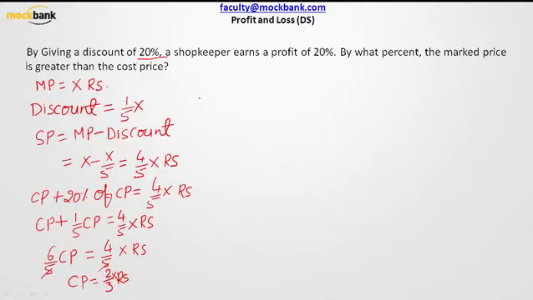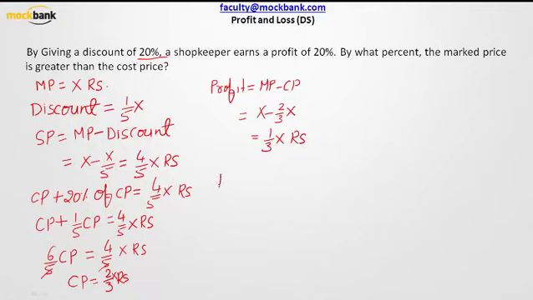I'm assuming that I'm selling it at the marked up price. So my profit would be marked up price minus cost price. So marked price minus cost price is what? X minus 2 over 3 x would give me what? 1 over 3 x rupees.